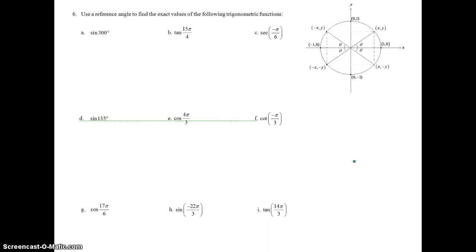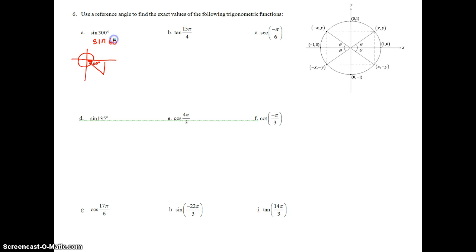Alright, so here's how we actually use reference angles. This is when reference angles become very, very helpful. I want to find the sine of 300 degrees. I can't put 300 degrees in a circle or in a triangle, so instead I look for the reference angle for 300 degrees. 300 degrees is right here, right? It turns out that 300 degrees is 60 degrees short of being a full rotation.